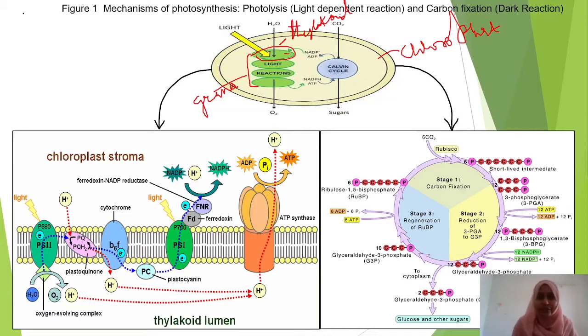So here we have to focus for the light reaction on this disc-like structure. This disc-like structure called the thylakoid has two parts. The outer part is called the thylakoid membrane, and the part present below this membrane is called the thylakoid lumen or space.